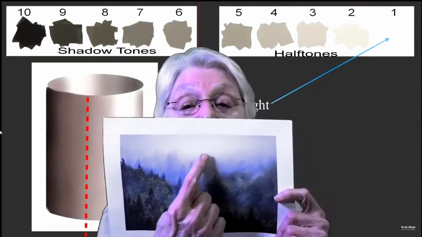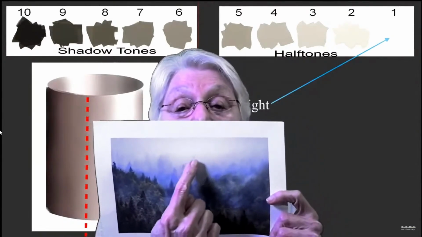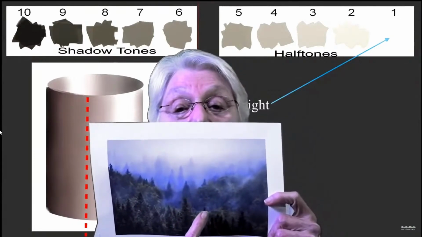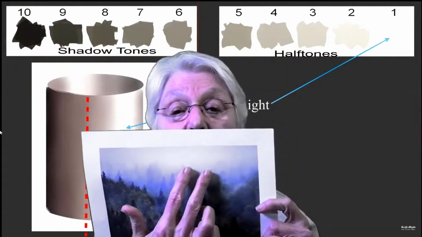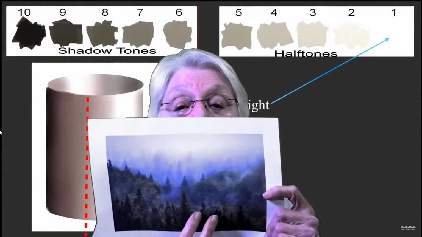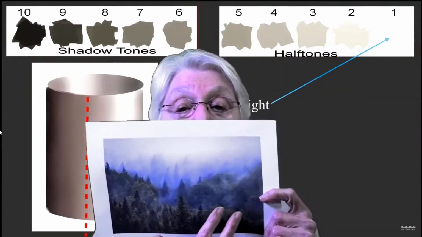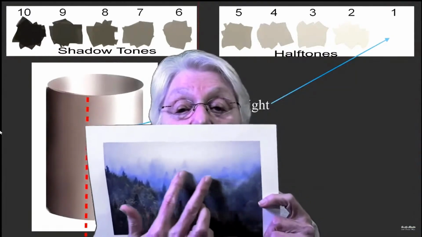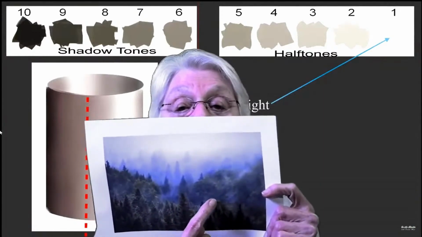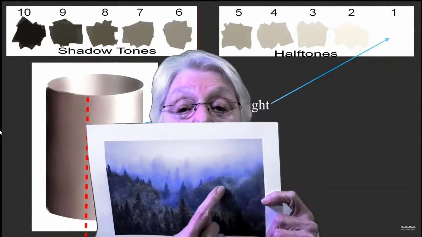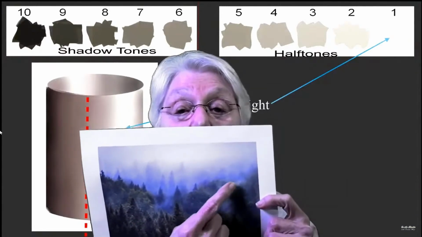But here you can see there is mist of some sort. There are many particles in the atmosphere between here and here, causing these images to get lighter in value. And if you'll notice, they're not only getting lighter in value, the hue is changing as well.